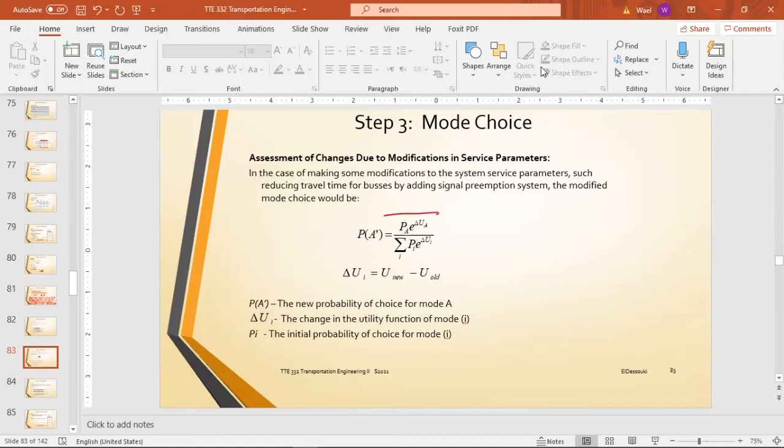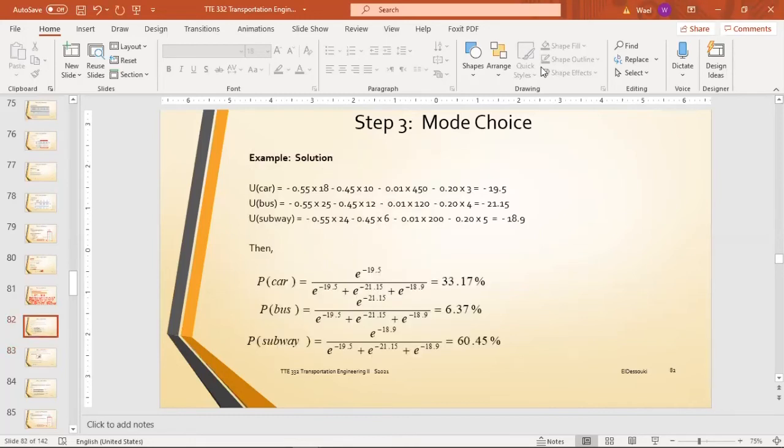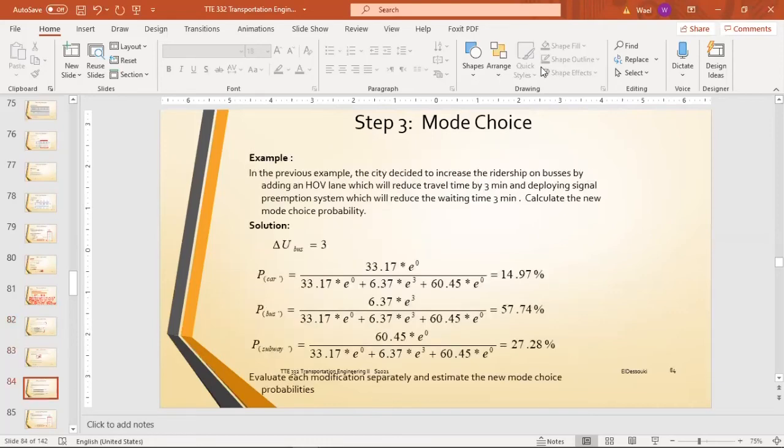You can use this form, or simply you can just go back and recalculate these values. Okay, so in our case, let's try modifying.